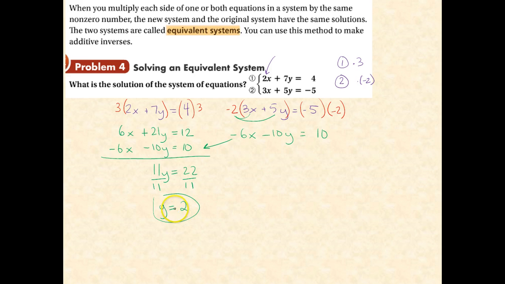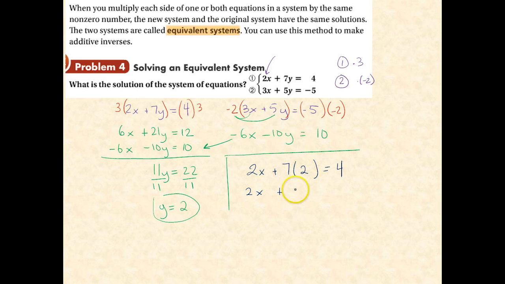The next half is plugging y into one of these equations. I would rather divide by 2 than divide by 3, so I'm going to plug into the top equation. So 2x plus 7y equals 4, and I know now that y equals 2.